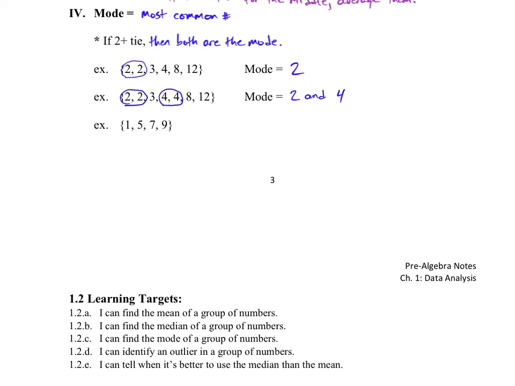Now the very last one, I have 1 1, 1 5, 1 7, 1 9. So I don't have any that's repeated more than once. You could interpret it as though, oh, they all tie, so they're all the mode, but it doesn't actually work that way.